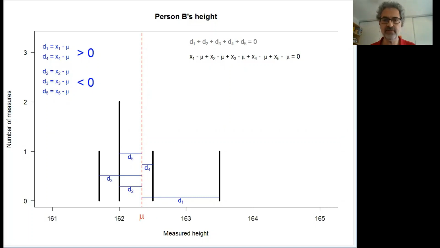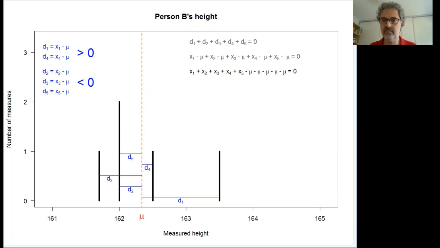Now all we have to do is group together all the x's here and all the mu's. We're not changing anything, just moving them around on the same side, so that we see that there's 5 of them and 5 of them.